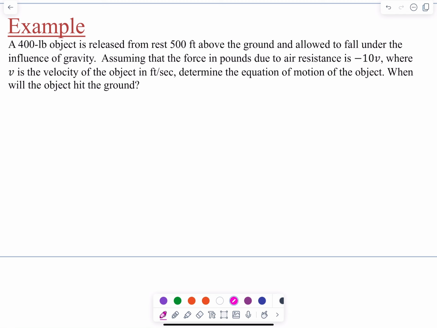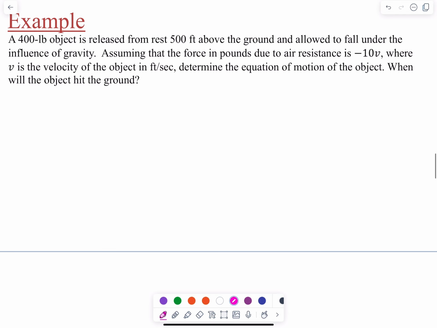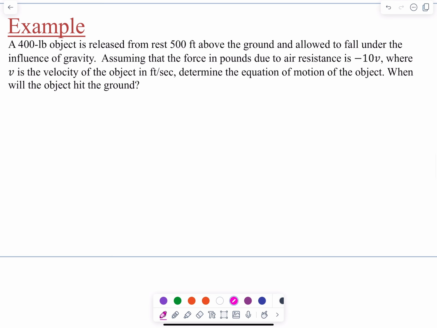Okay, using our equation for motion, we had mass times dv dt equals mg minus bv. Of course, this was our force 1. This was our second force.